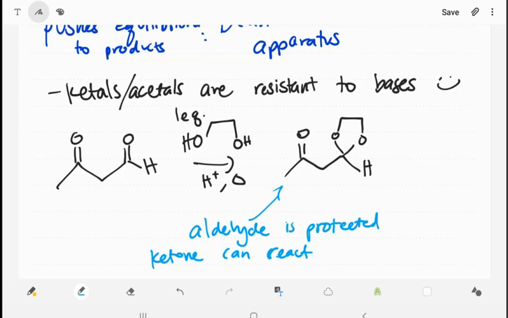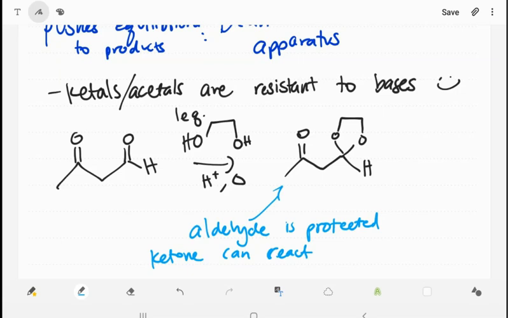If you wanted to react the aldehyde, by the way, and not the ketone, you wouldn't need to worry about that. If you throw your Grignard in or whatever, you'll be good to go. It'll just attack your aldehyde, because that's more electrophilic, right? But if you wanted to react the ketone, you have to block off the aldehyde from reacting.